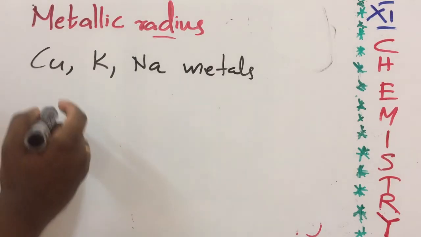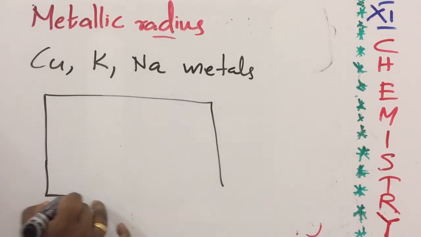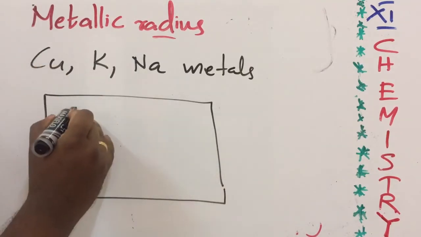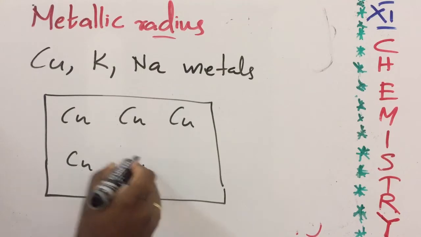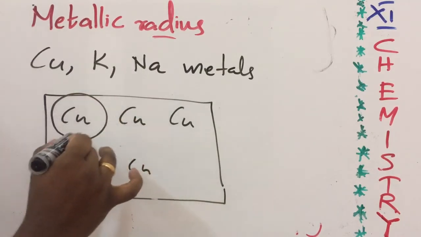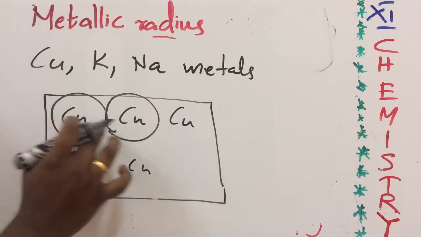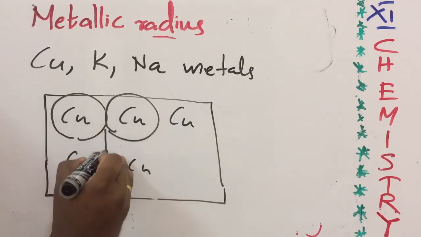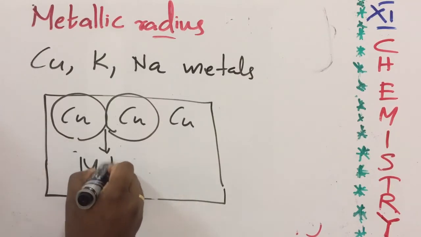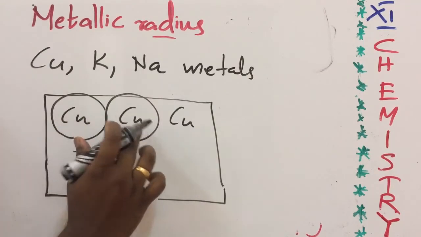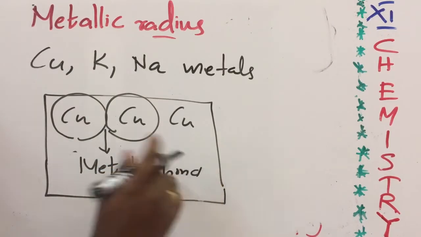For example, copper. In solid copper, there are many copper atoms, and the shape of copper atoms is spherical. And how are they connected? They are connected through metallic bond, not sharing.